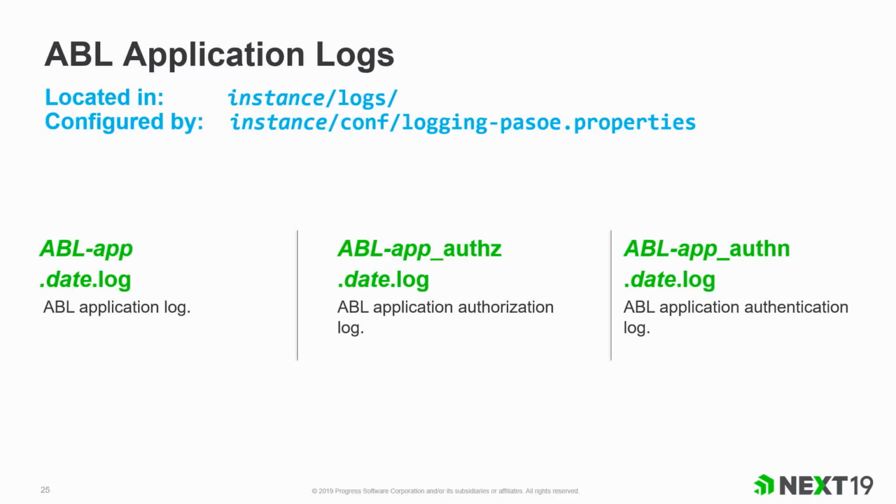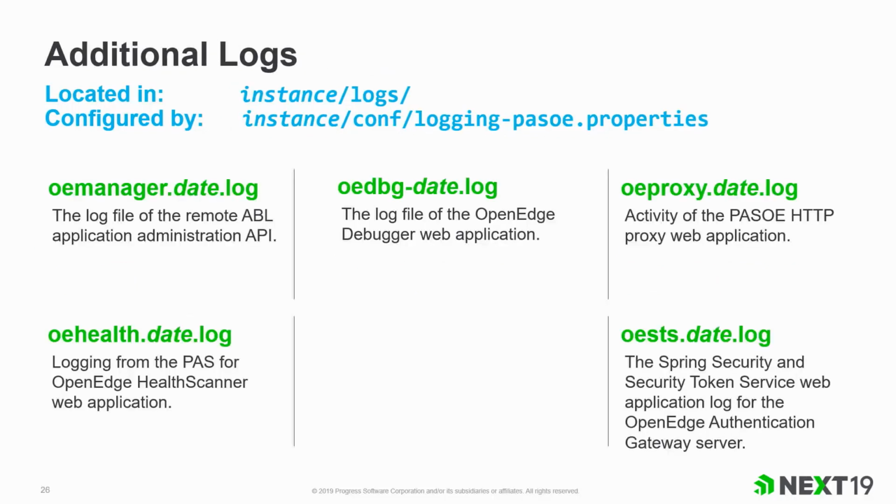All three of those are configured by that same properties file. And again, we didn't want to create yet another properties file. So with the same properties file, we also configure those additional logs. Those include the OE manager log, the debugger log, the OE proxy log, the OE health scanner log, and the secure token service log.